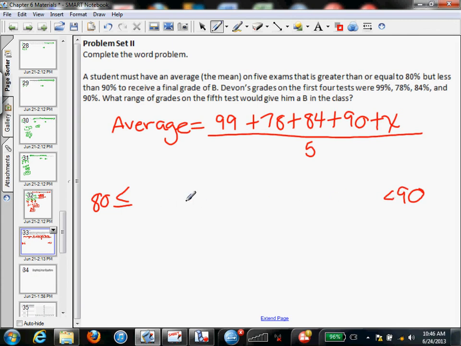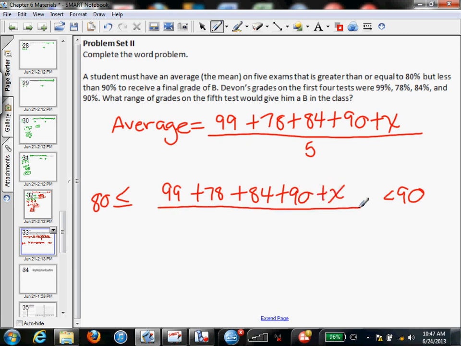And what we want to put here in the center between the two pieces of inequalities are actually what we just wrote right here. So we'll write the 99 plus 78 plus 84 plus 90 plus x, all that divided by 5.